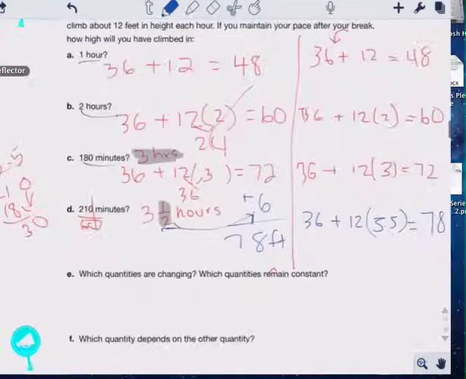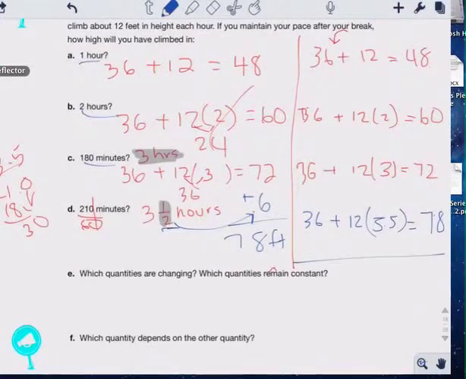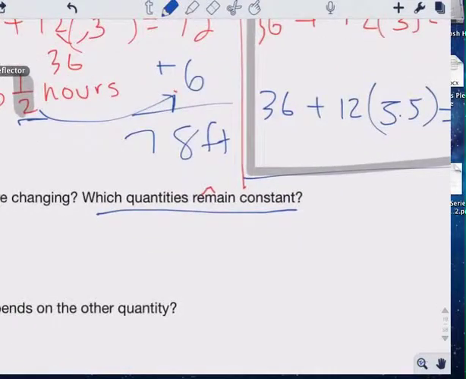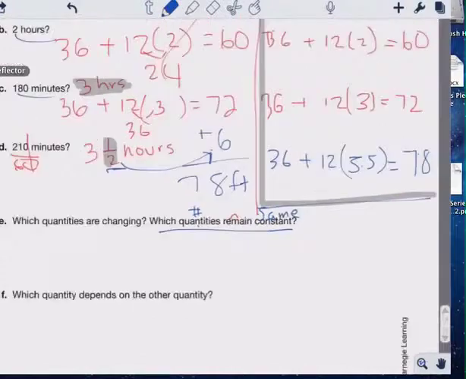Now let's look at what I wrote here. What I wrote in this square will help you answer E. Start with which quantity, that means which numbers, remain constant. Constant means the same. Please write this on top of that. Constant means what? The same.